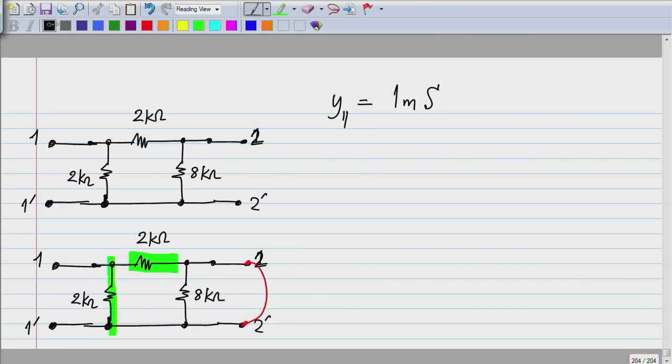Similarly now, what is Y21? Please find the value of Y21. I jumped to Y21 because it's also measured with port 2 short circuited.